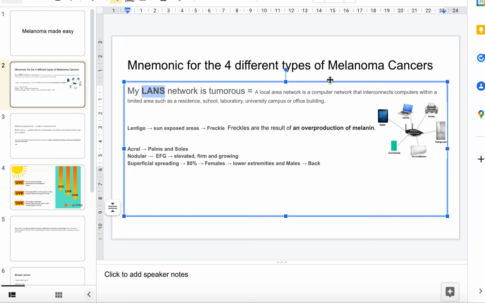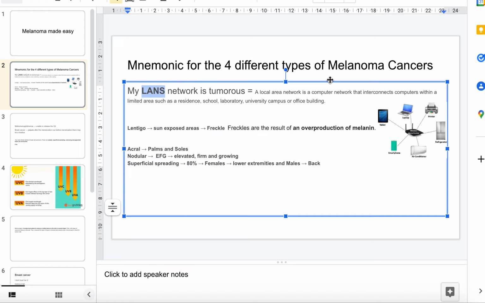And what does L stand for? L stands for lentigo. Lentigo is going to be the first type, which is going to be in the sun exposed areas. These are freckles, which are an overproduction of melanin.